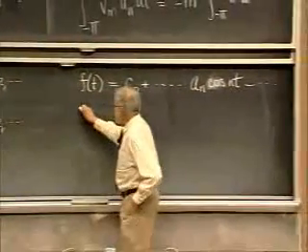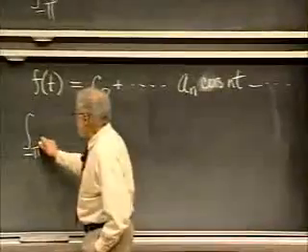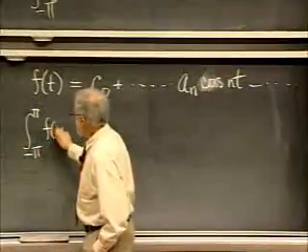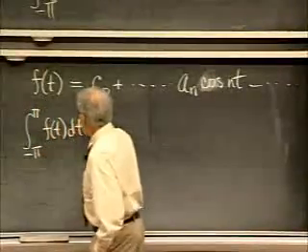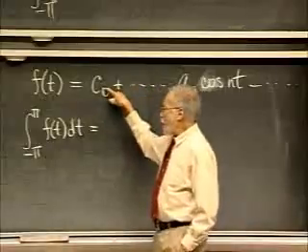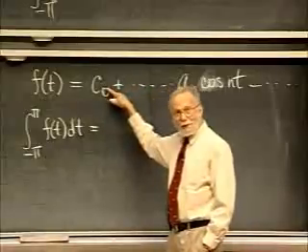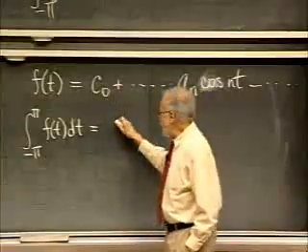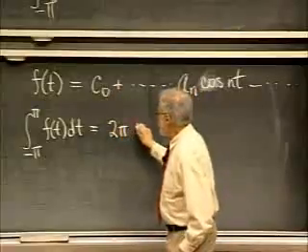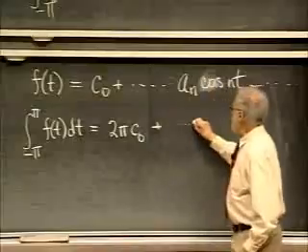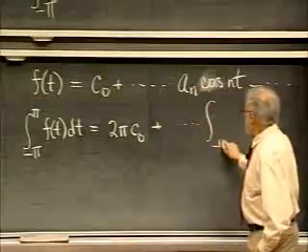In other words, what I should do is simply integrate this from negative pi to pi, f(t) dt. What's the answer? Well, this integrated from minus pi to pi is how much? Is c_0 times 2 pi, right? And the other terms all give me 0.